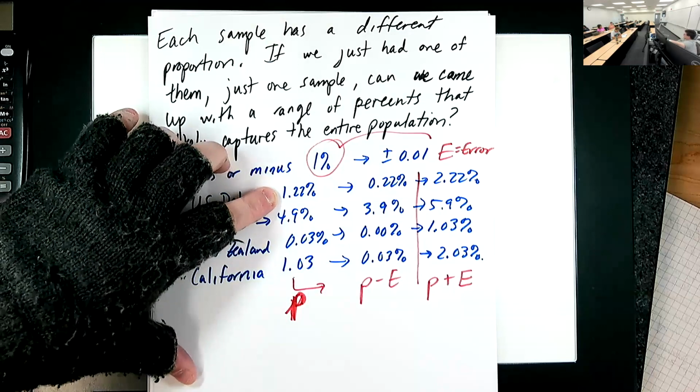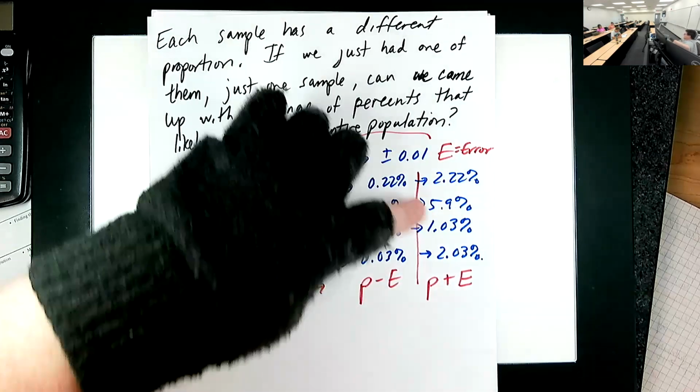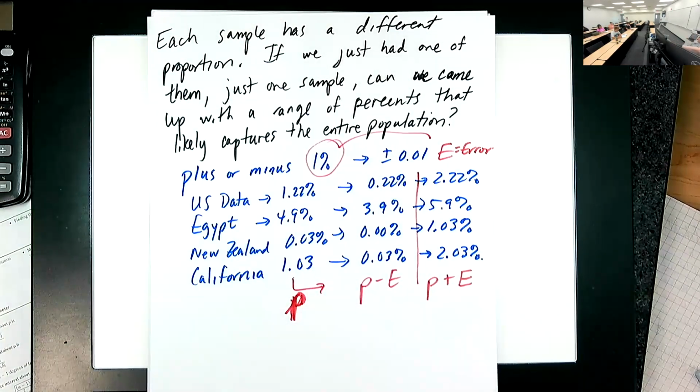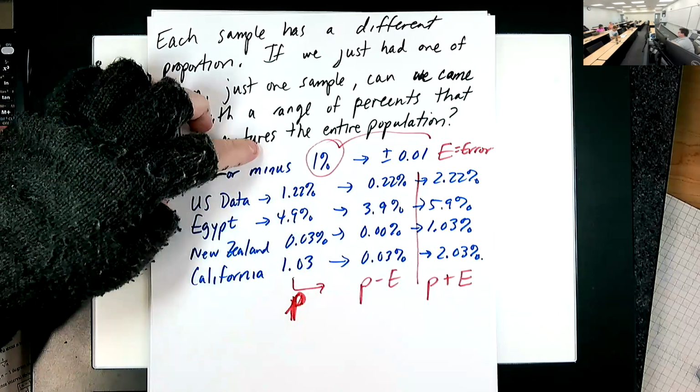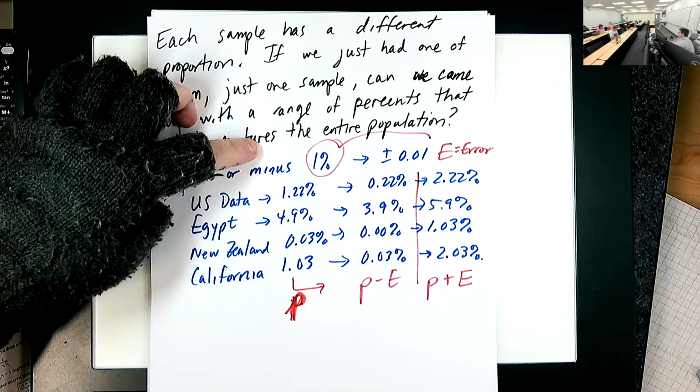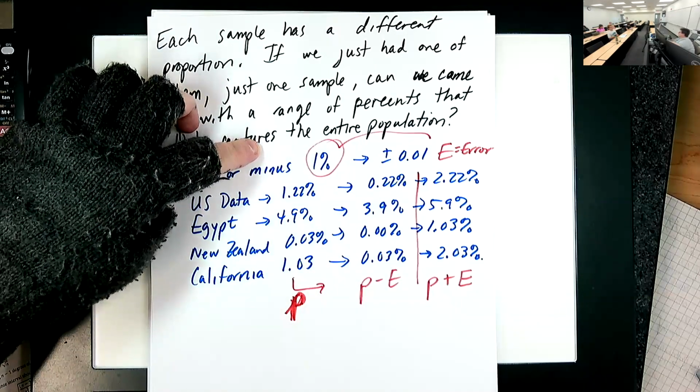Show that if I add or subtract 1%, I get these. If you need to see it by calculator. I want to make sure everyone understands where that's coming from, because that's the very heart of what we're doing in chapter 9. So they're basically just adding or subtracting 1%. And it's not always going to be 1%. That's the kicker. I just use 1% because it's an easy way to illustrate what's going on. But we will calculate how to get E mathematically. The computer will find E for us.